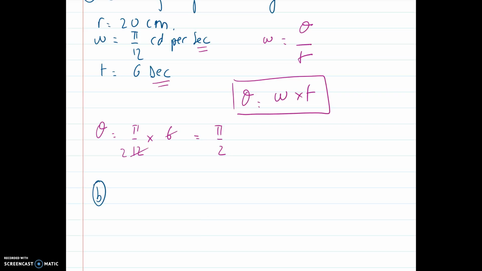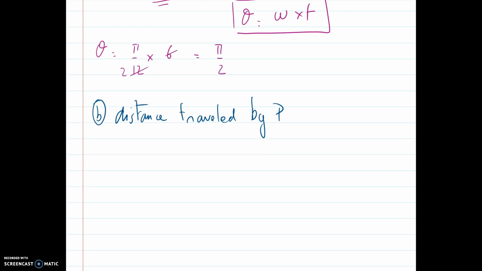For B, the question is to find the distance traveled by P along the circle.